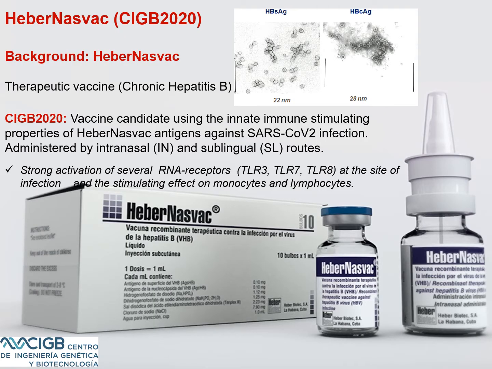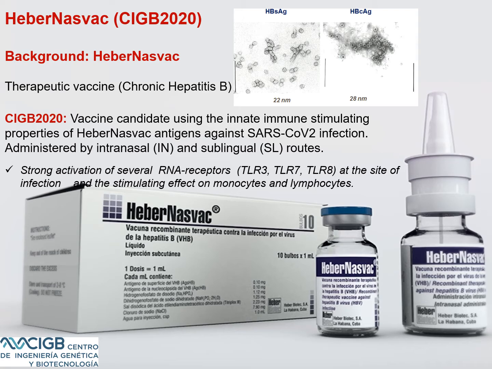The first vaccine that I will introduce to you to immunopotentiate the innate immunity is based on a vaccine that was registered in the year 2015 by our center against chronic hepatitis B, that is based on two virus-like particles, hepatitis B surface antigen and hepatitis B core antigen.